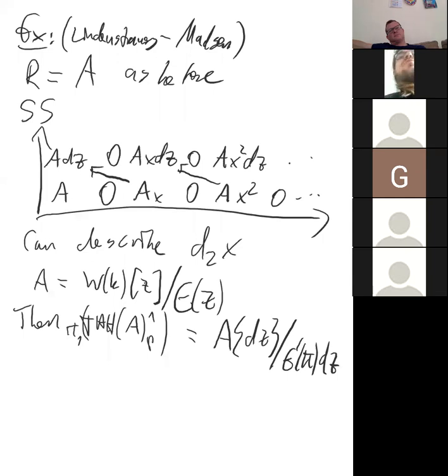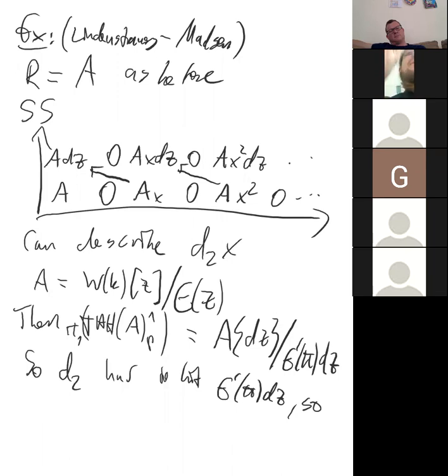There's something to do with that: Hochschild homology has some relation to Kähler differentials. But anyway, if you believe this formula, that tells us exactly that d2 has to hit this element.